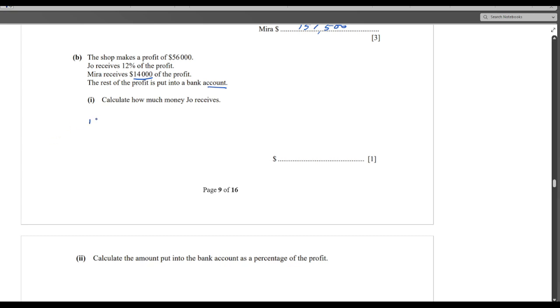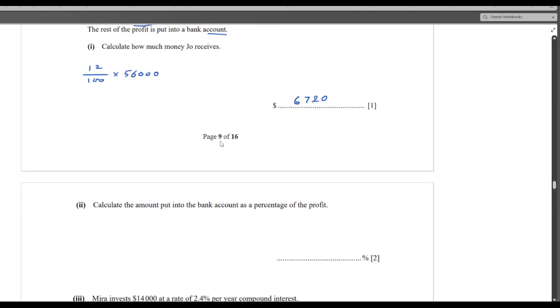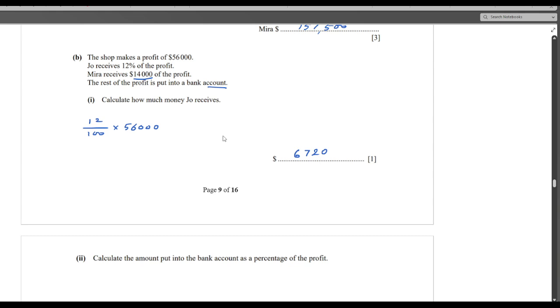So it is 12% of the profit, that is 12 divided by 100 times your total profit, which is 56,000. So 12 divided by 100 times 56,000. This is 6,720.